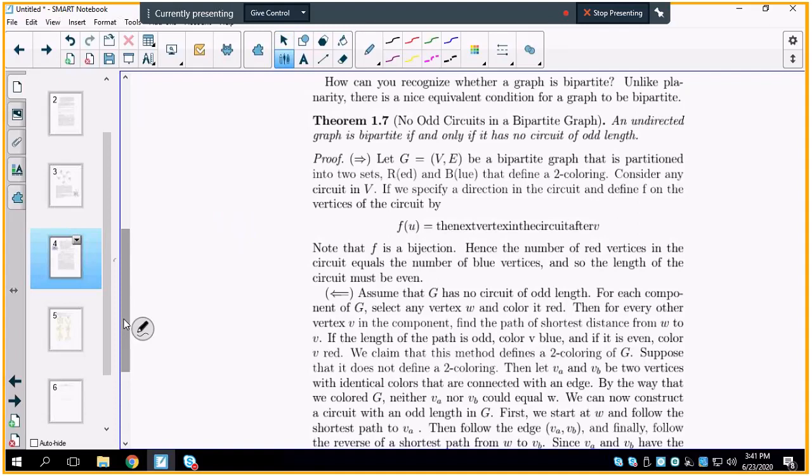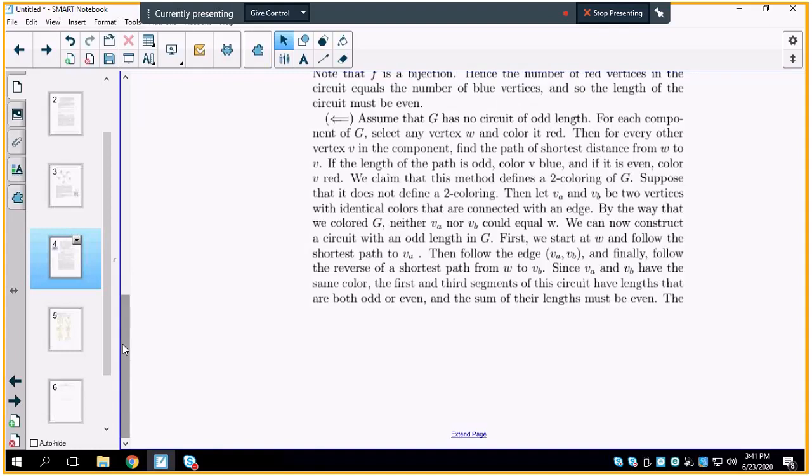It is a proof that you can understand, so I encourage you to read through it. But I'm going to skip over it now. I just want to point out this typo here that this should be a sentence, the next vertex in the circuit. If you're having trouble reading that, you can also find it in your textbook.